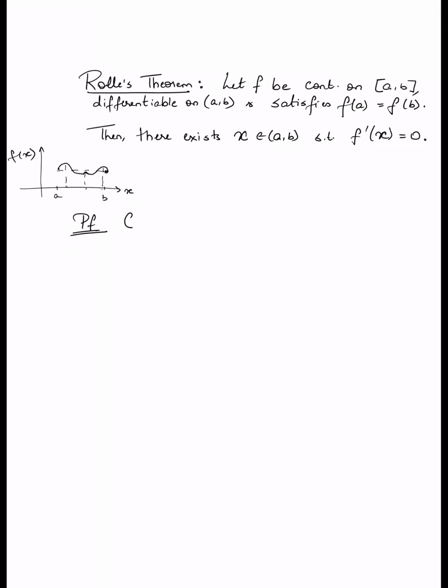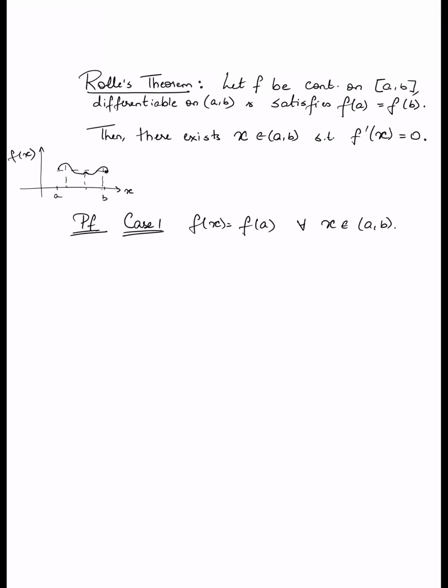First, you have to take care of the trivial case where the function is identically equal to f of a throughout, right? The function basically remains constant over the closed interval ab. That is, f of x is equal to f of a for all x in ab, right?